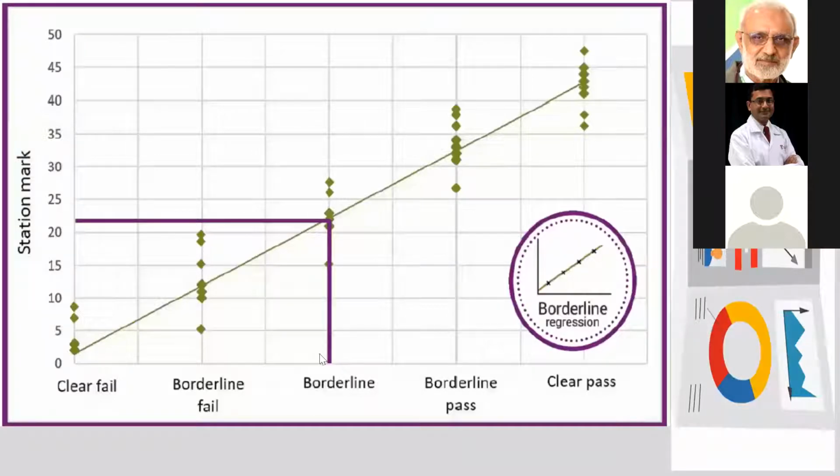We see the station marks, and we see the global rating. So the global rating is plotted against the station marks, and a cutoff point is identified at the borderline level.